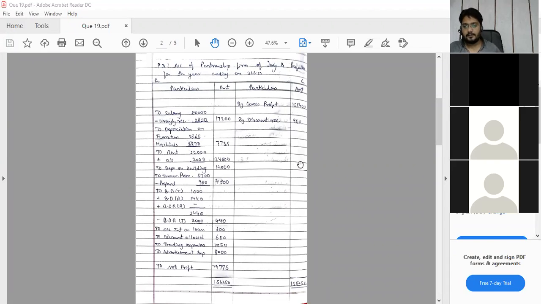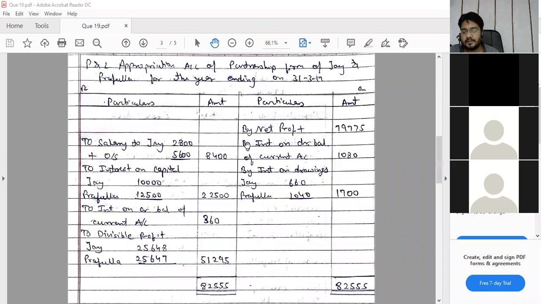The total of this credit side is greater, which is 1,56,250. If we deduct the debit side, we have net profit on the debit side, which is 79,775. This net profit is transferred to P&L appropriation.